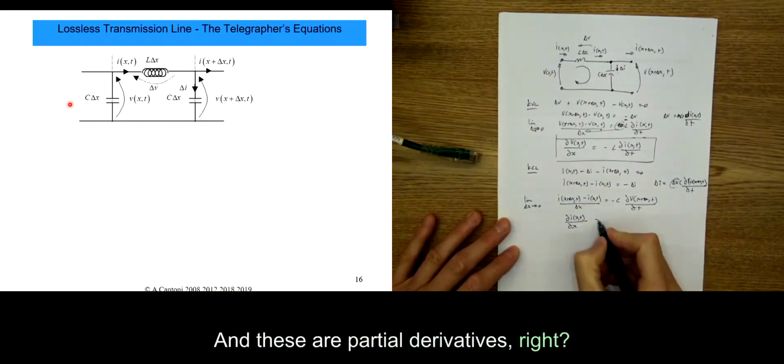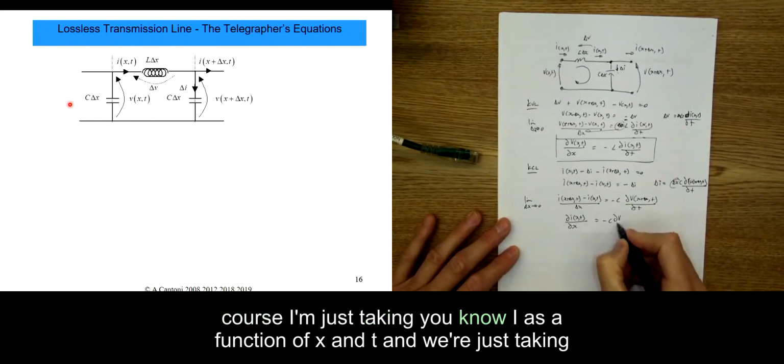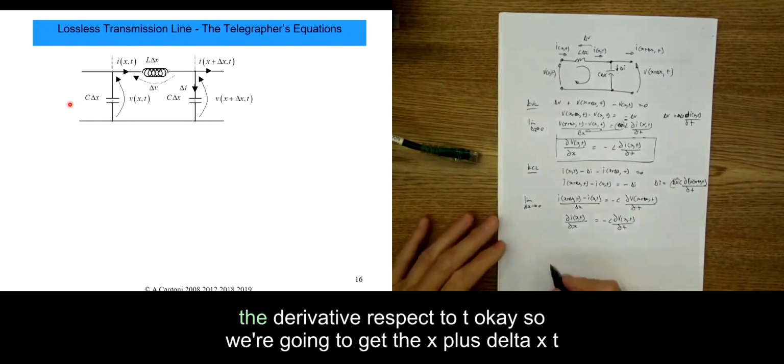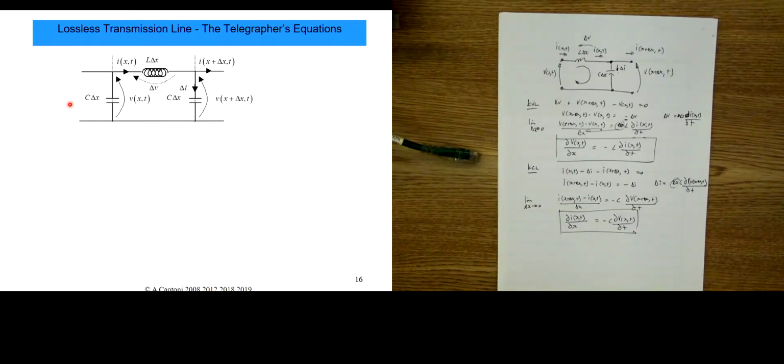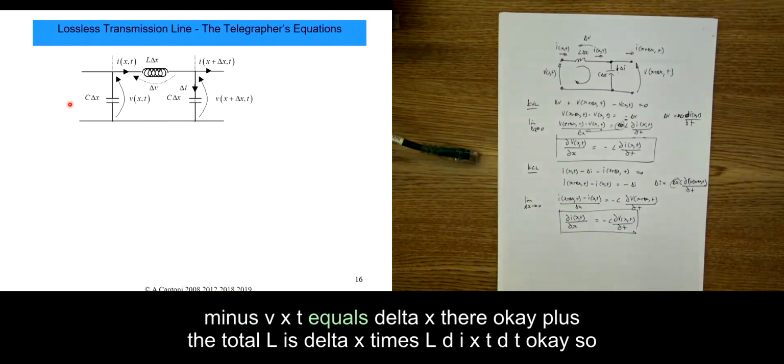These are partial derivatives, of course, since I is a function of x and t and we're just taking the derivative with respect to t. So we get V(x+delta x,t) minus V(x,t) equals minus delta x times L partial I(x,t) over partial t, because the total L is delta x times L.